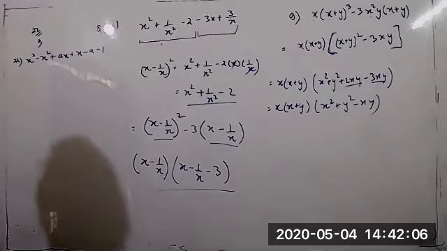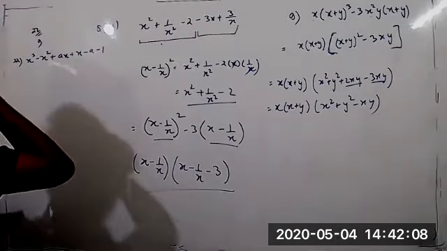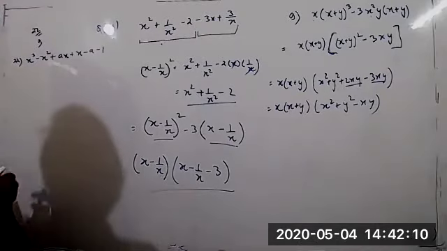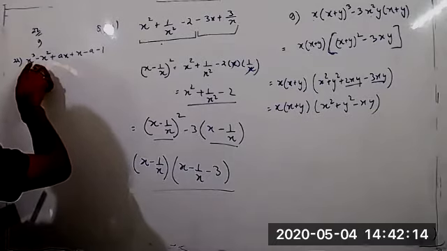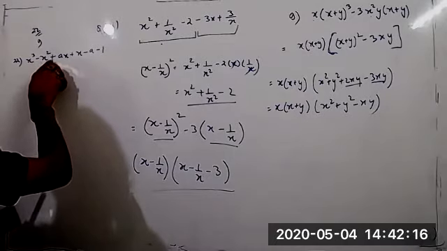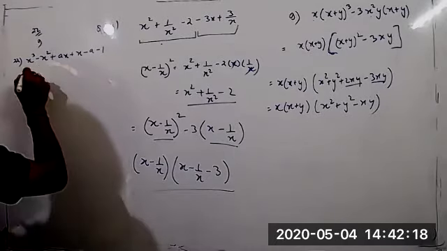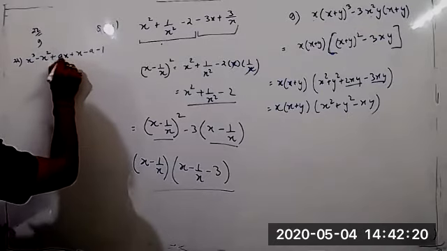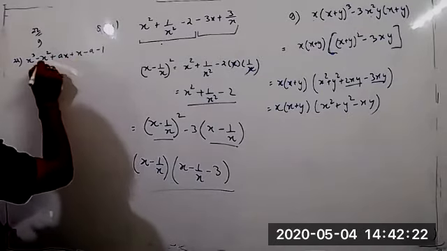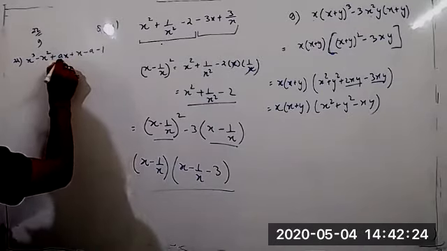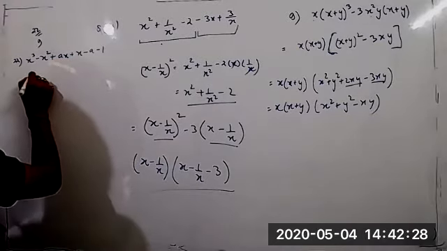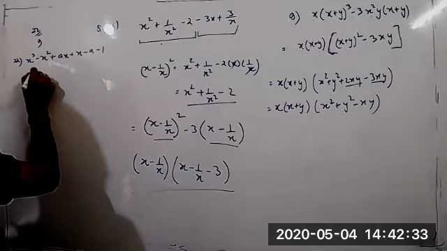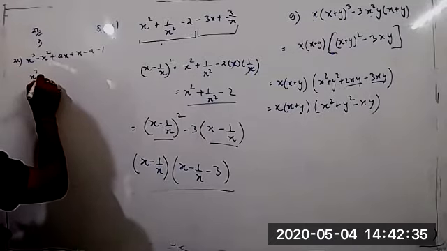Sir, x cube, x square plus x minus 1. So you have to rearrange them. Wait. This one will take x. So a plus 1, ax minus a. Ax minus x cube minus x square plus x minus 1. ax minus a plus x minus 1.